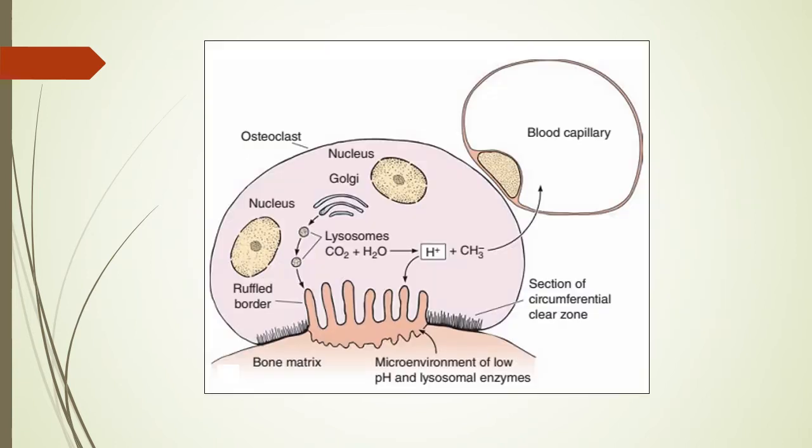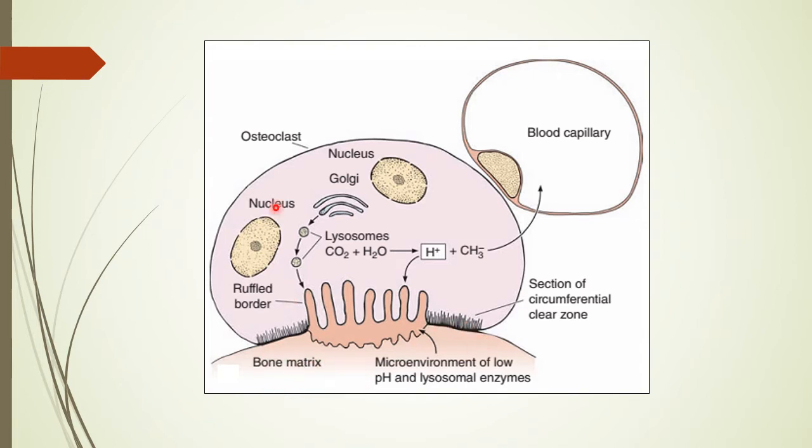Let's see in the next diagram. This is the osteoclast, and these are the ruffled border, or the irregular cytoplasmic projections. And this is bone matrix here.